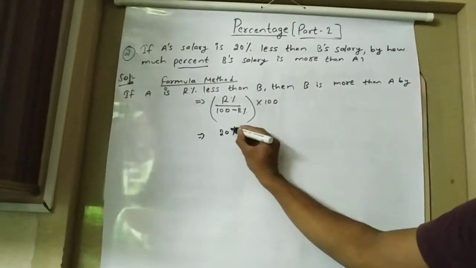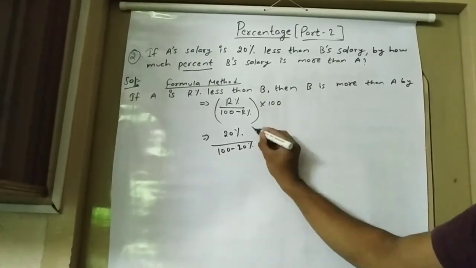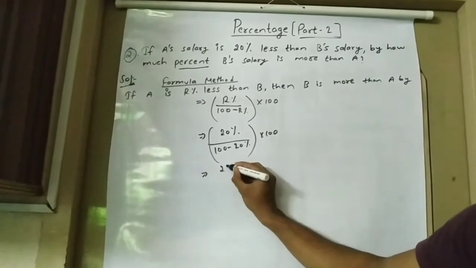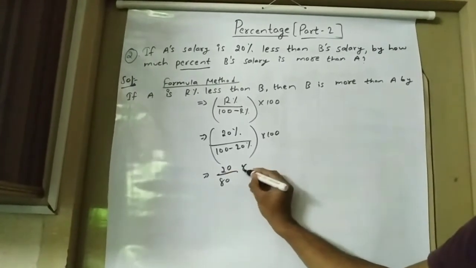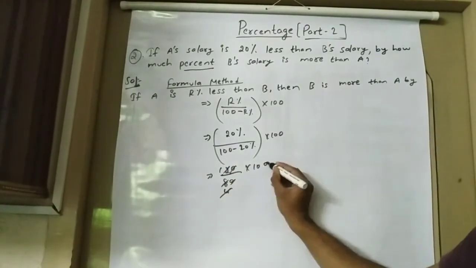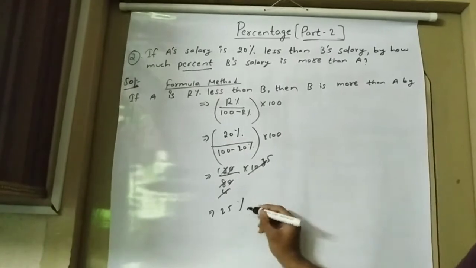That is 20% by (100 minus 20%) into 100, that is equal to 20 by 80 into 100, that is equal to 25%.